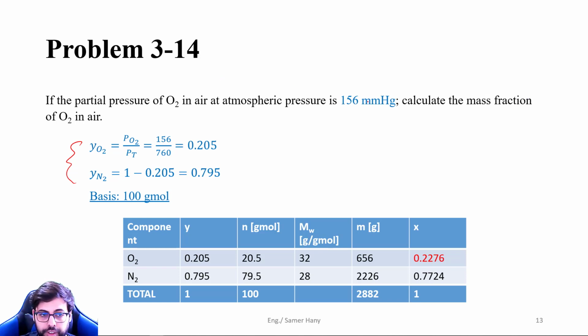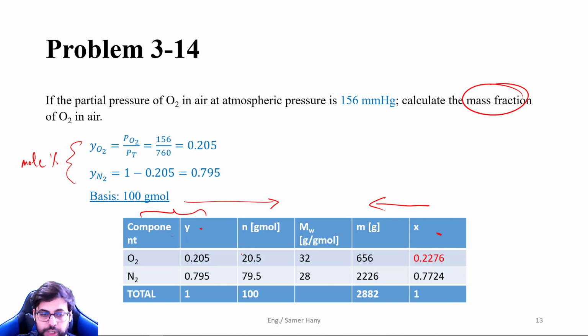And in this question, it's actually the exact opposite of what we used to do. Here we have the mole fractions, or mole percent, and we want to get the mass fraction from the mole fraction. So instead of previously going from mass fraction to mole fraction, we are going from mole fraction to mass fraction. So these are the givens, the component and the mole fraction.